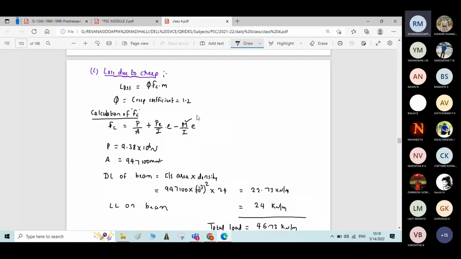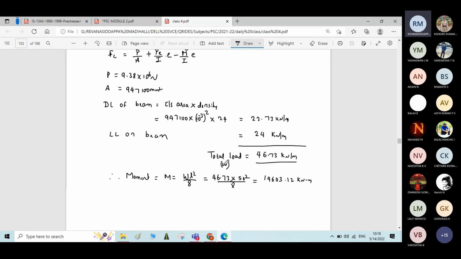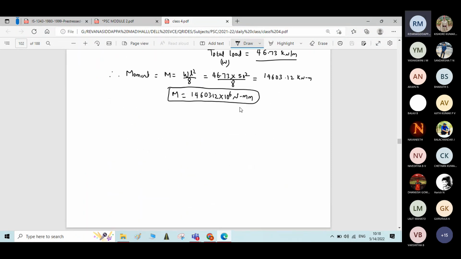But in this particular problem, the cable profile is parabolic in nature, correct? The cable profile is parabolic, having 1100 mm eccentricity at the center and 0 eccentricity at the support.